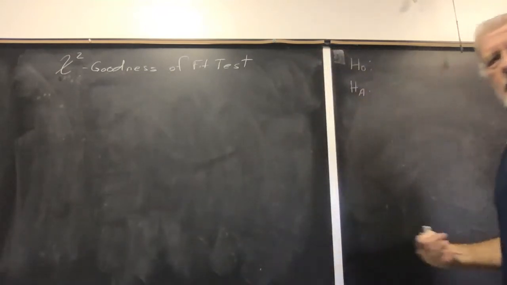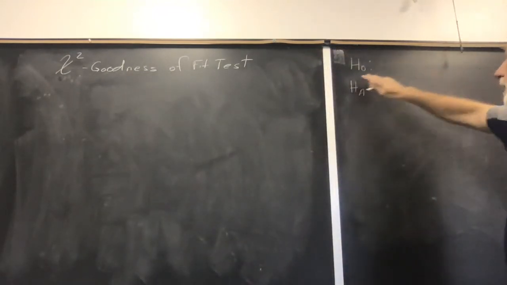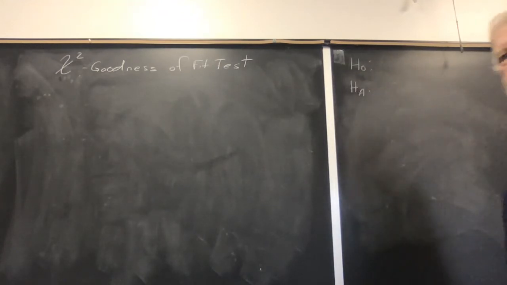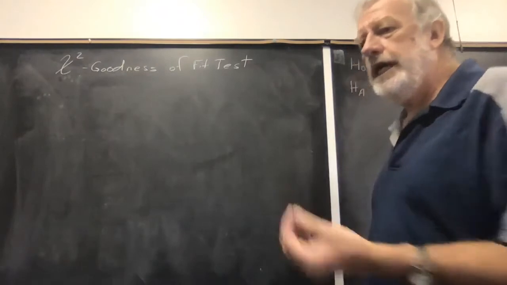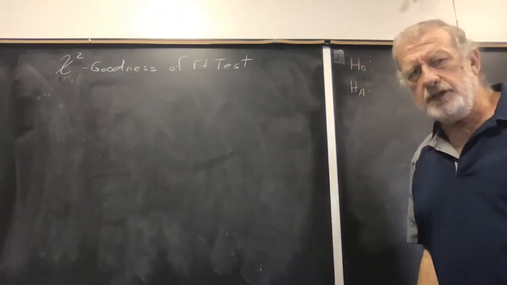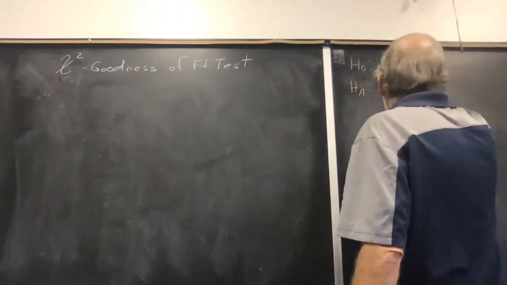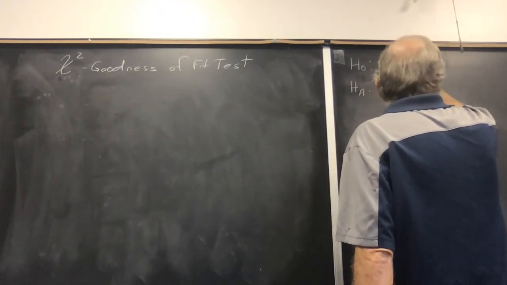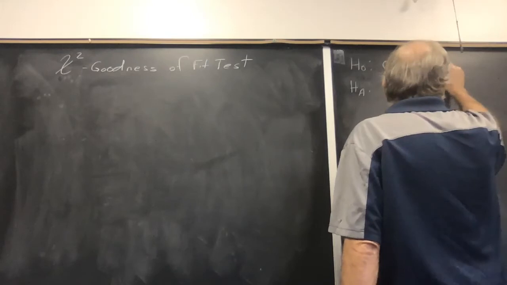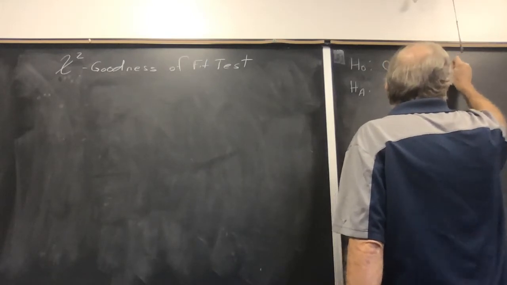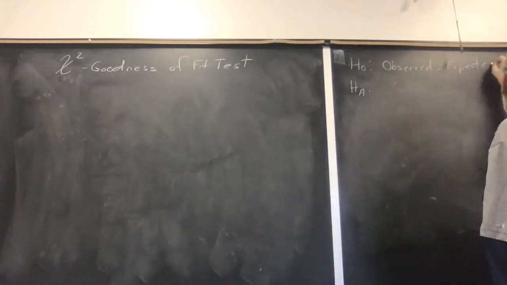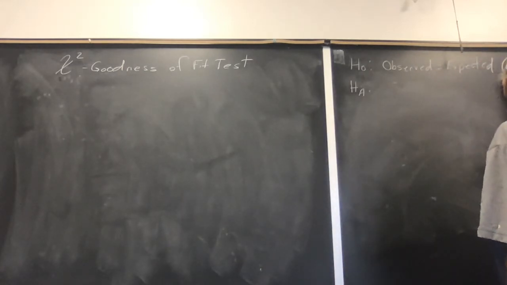In statistical tests, we distinguish between two hypotheses, H sub naught or the null hypothesis, null meaning 0 meaning no difference, and H sub A the alternate hypothesis. So the null hypothesis just states the observed equals the expected. In other words, they're the same.